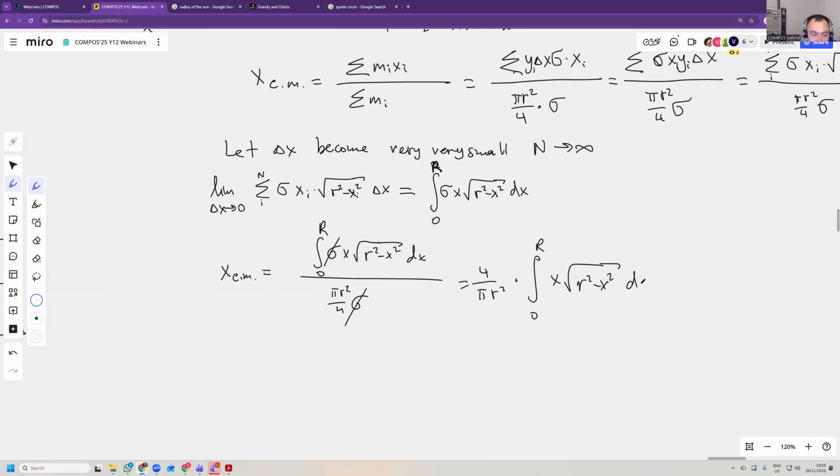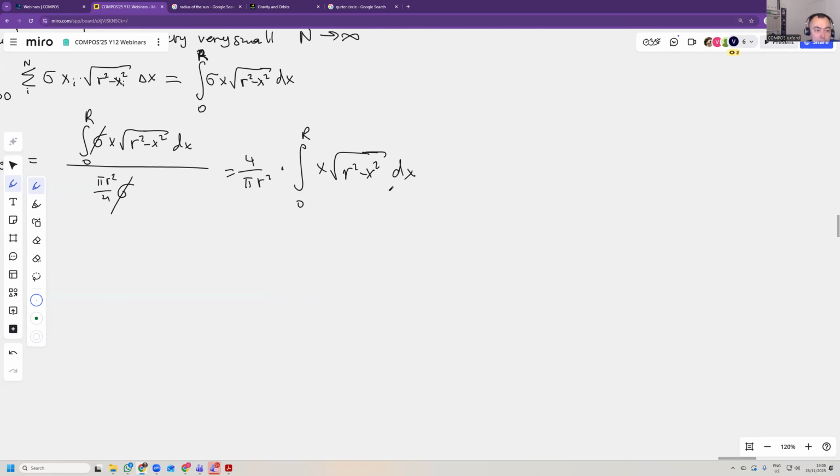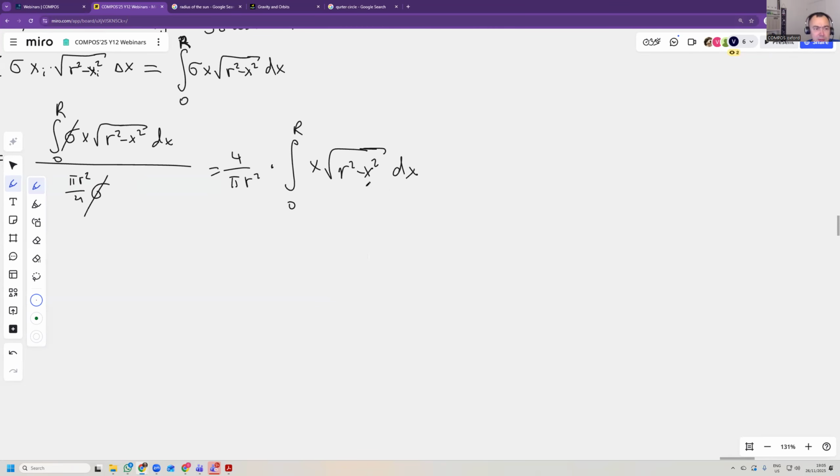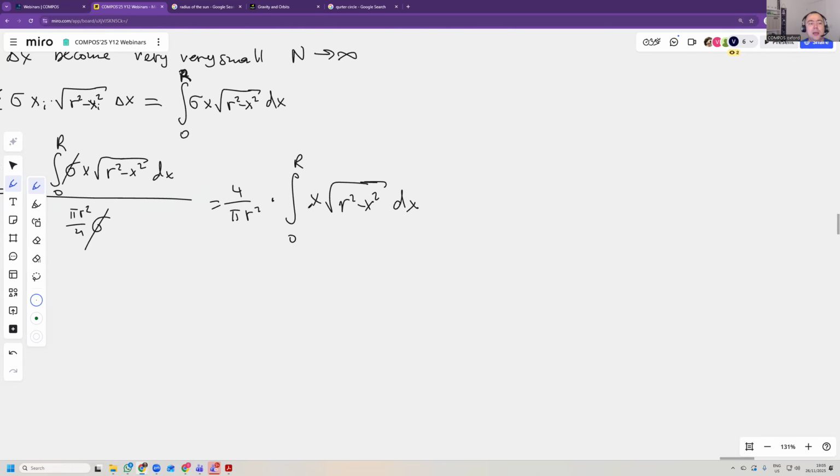Now, I wouldn't be surprised if you didn't know how to do this integral. So you're allowed to look up integrals.